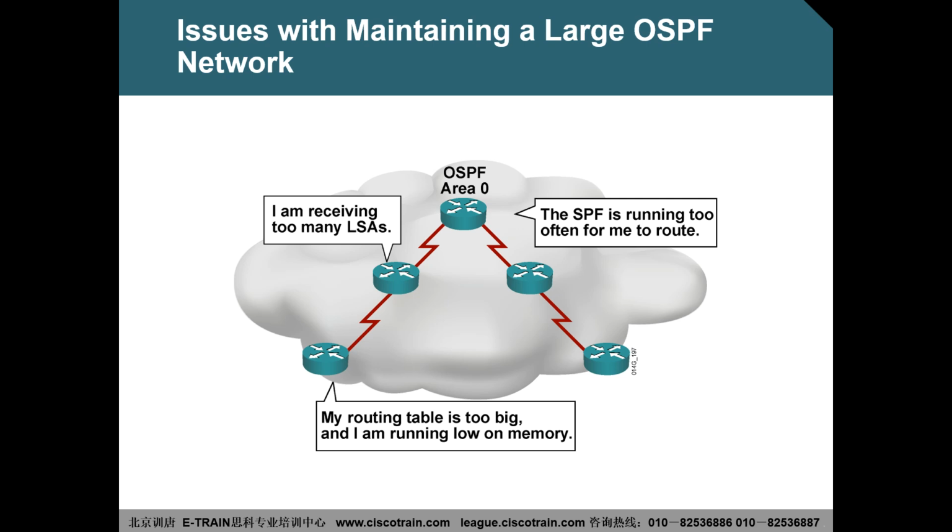Likewise, the detailed information of one area is not really needed in another area. It's not relevant. So when one area's information is given to another area, it needs to be summarized, it needs to be shrunk; it cannot be as detailed as what you have locally.